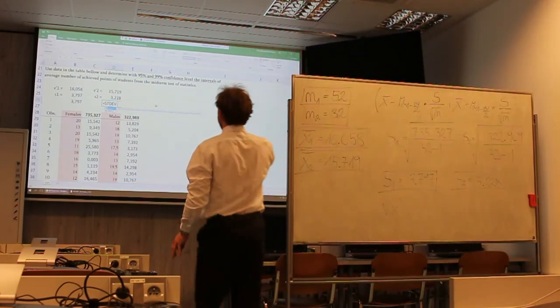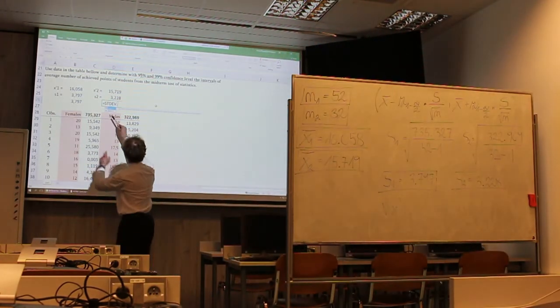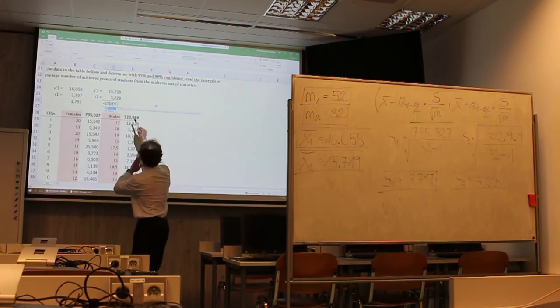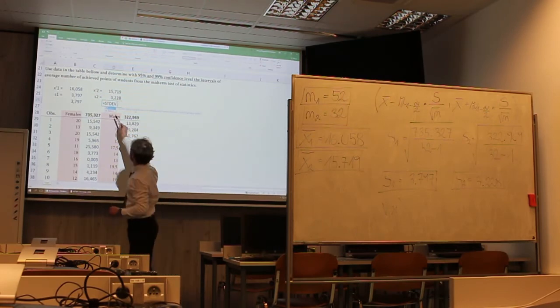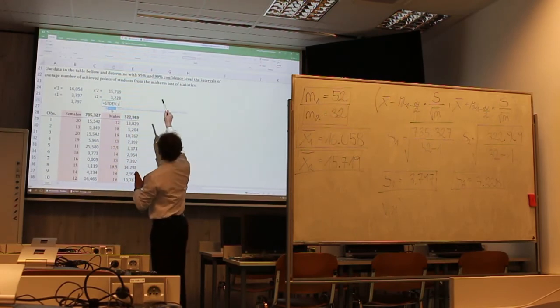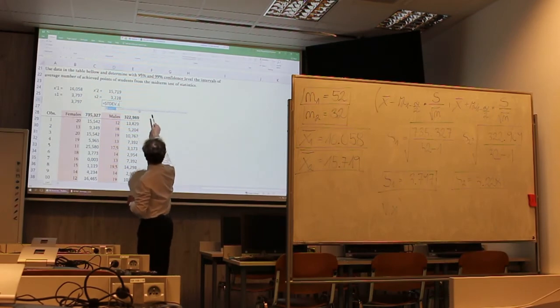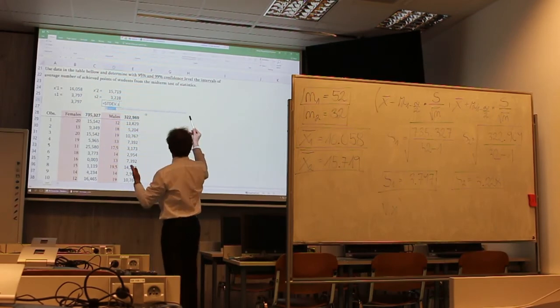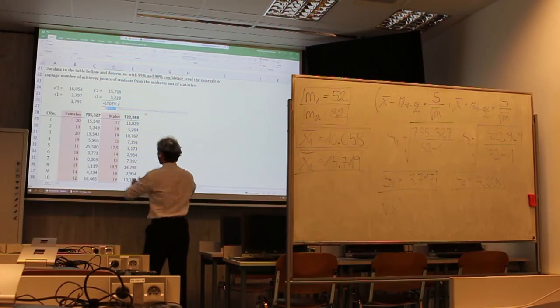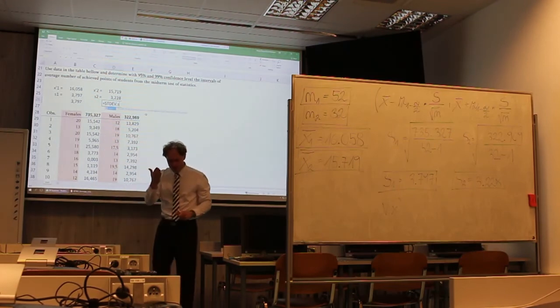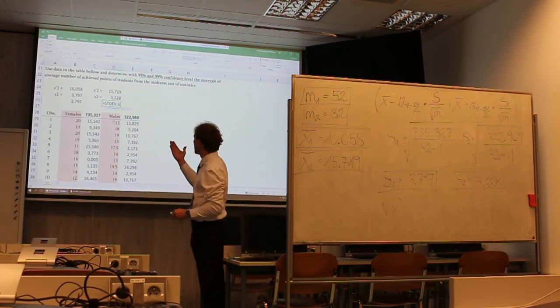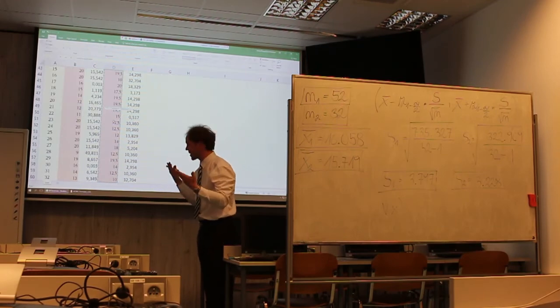So please write here equal sign STDEV.S. The .S estimates standard deviation based on a sample. We have a sample here, so this function will estimate the standard deviation from the sample.